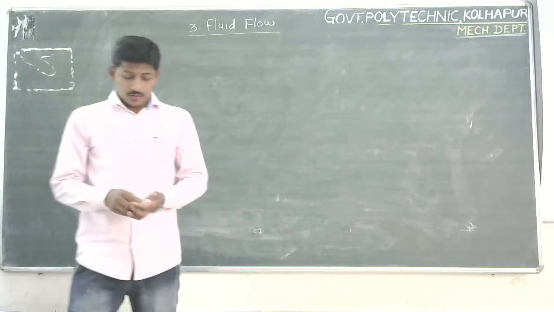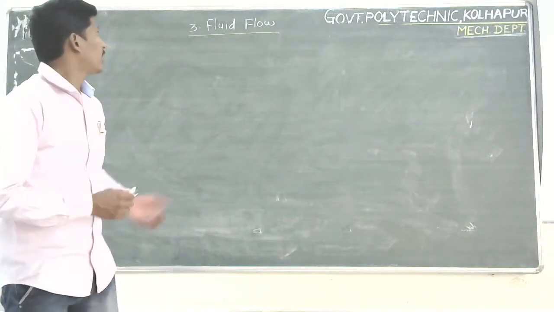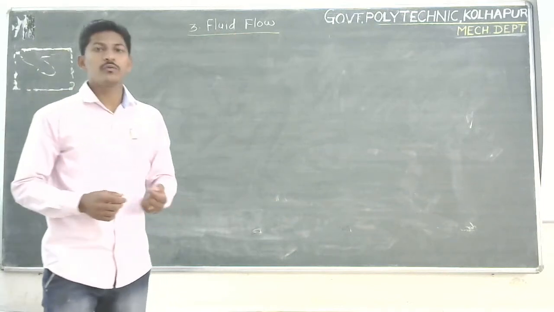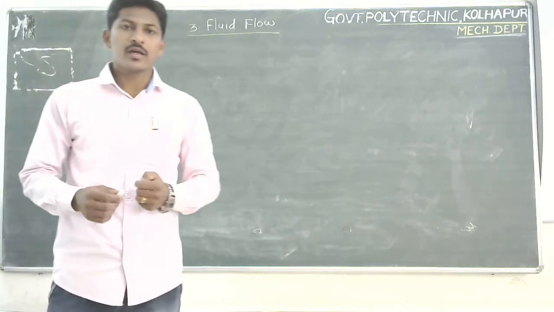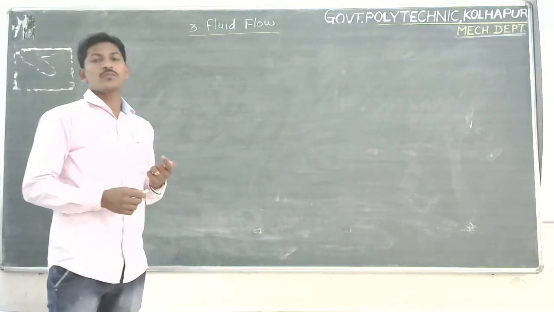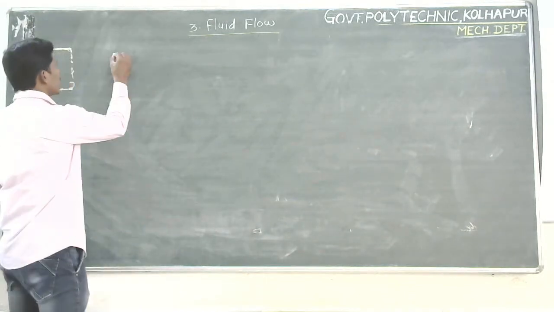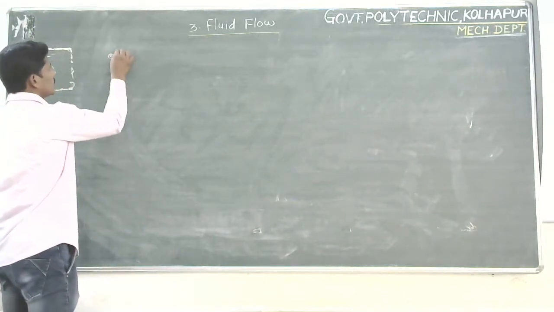Everyone. So in previous classes, we have started our third topic, that is fluid flow, and in that topic we have seen the various types of fluid flow. So now we will start with the next point, that is discharge.